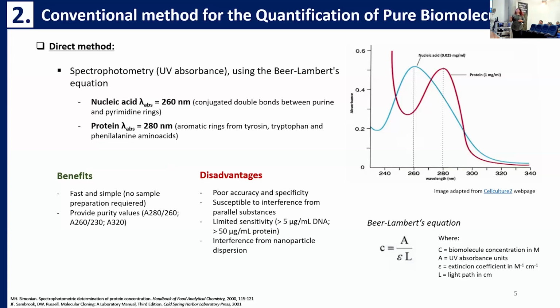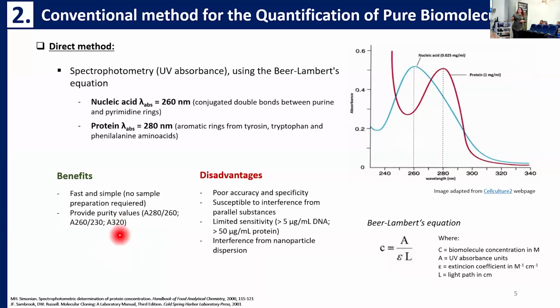contaminated. However, this can also be a benefit because the different purity ratios that we can obtain from the ratio of these absorbances are described in the literature, and we can have an idea of the percentage of protein or nucleic acid that we have in our sample.